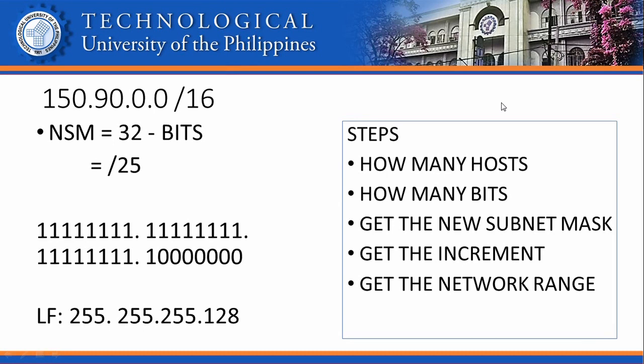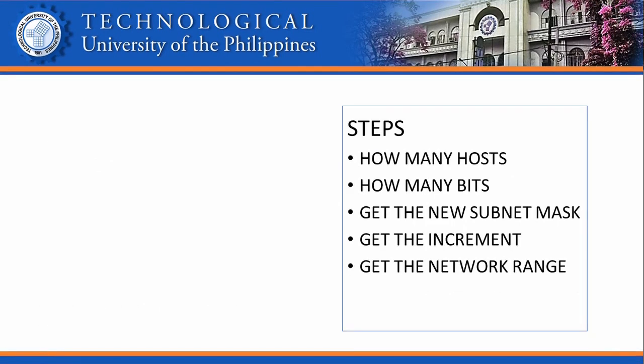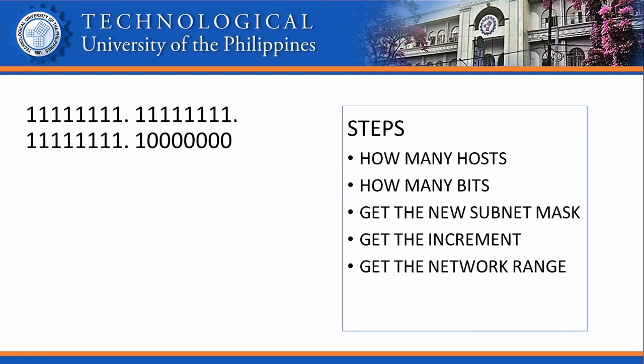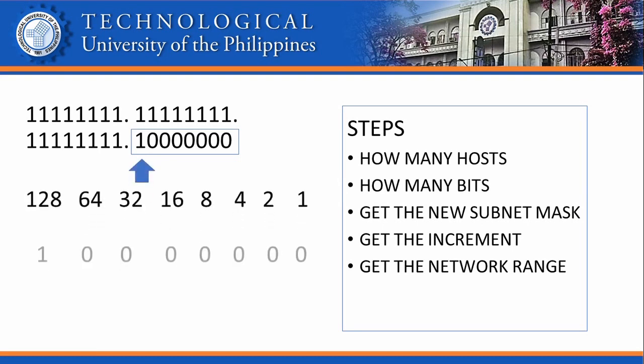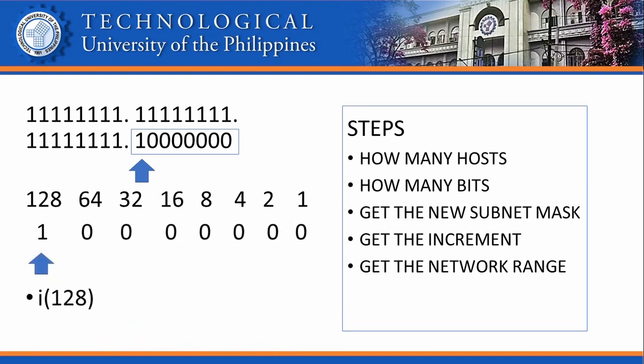So, for our fourth step, kunin natin yung increment. O yan, yun yung naka-binary notation natin na long format. Saan may huling value ang ating new subnet mask? Which octet? Yun, for our fourth octet, or last octet natin. And saan siya huling nag-1? Yun. Anong value nun? It is 128. Okay? So, our increment is 128.